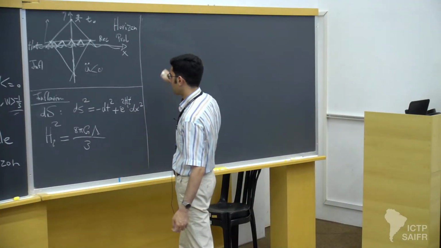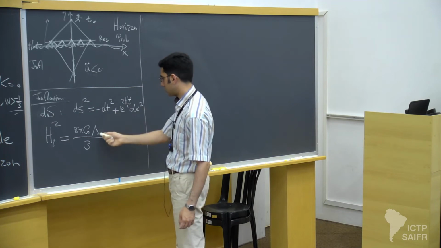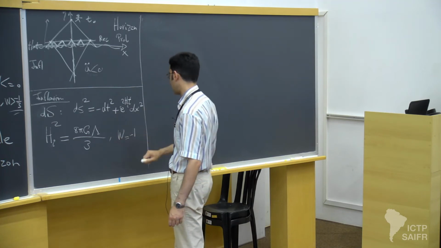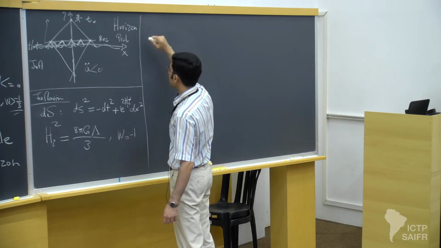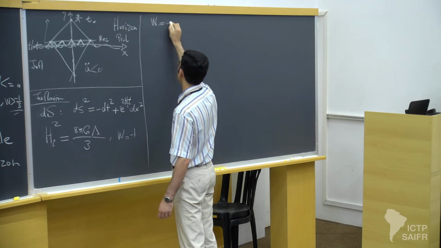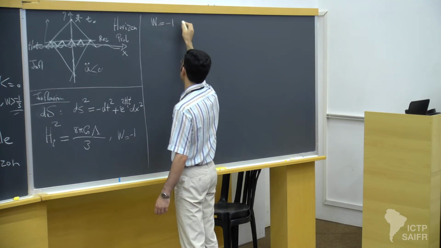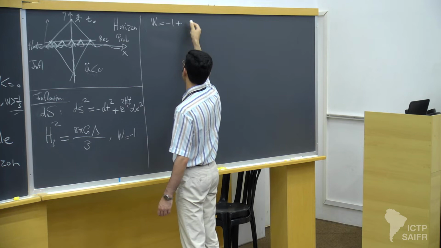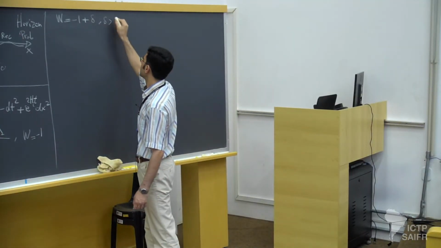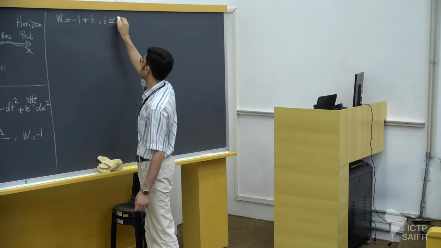So this is what we got from lambda, which is w equals -1. The property of inflation is that it has w equals -1 plus some small correction delta, where delta is much less than 1.